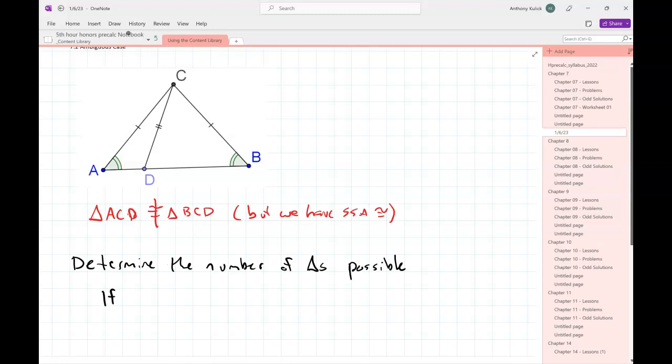The first thing we're going to look at is if angle A is not acute.